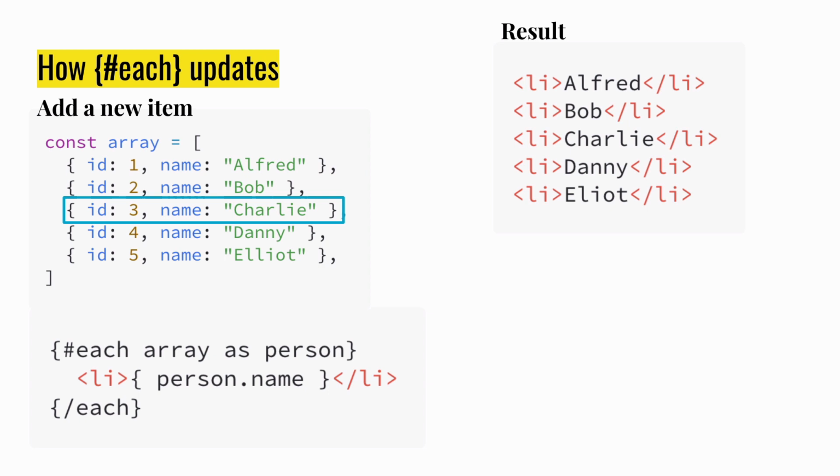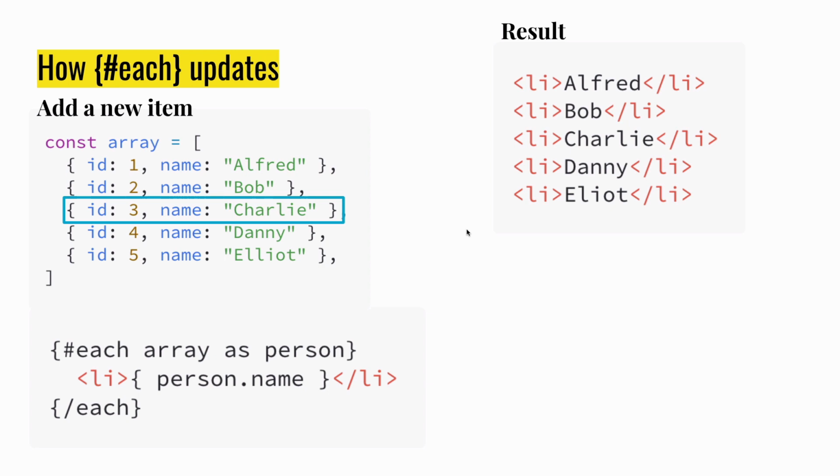Although conceptually when we look at the array we know we added only 1 item in the center, in terms of operations that Svelte does to update the DOM, we end up with 2 update operations and 1 insert operation at the end of the list.